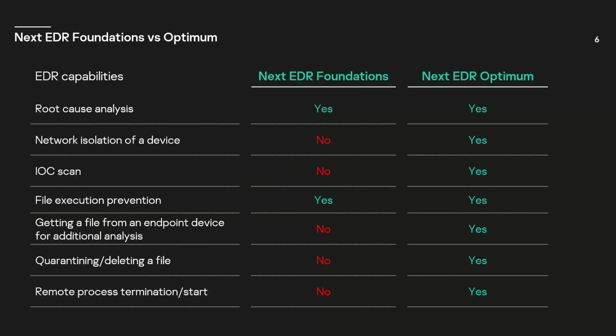It has root cause analysis and file execution prevention. When you go to the Next EDR Optimum tier, other features are added, like network isolation of a device, IOC scan, getting and quarantining a file, starting a process or terminating a process. So all of the features are available.